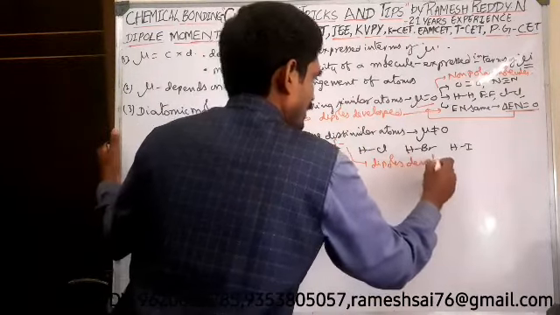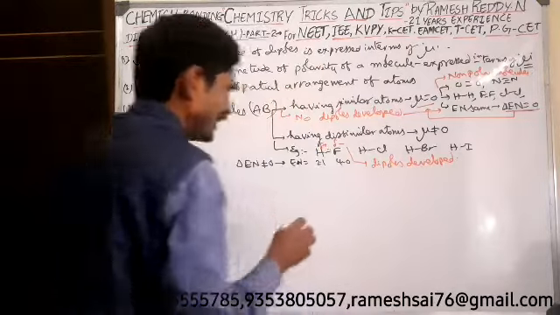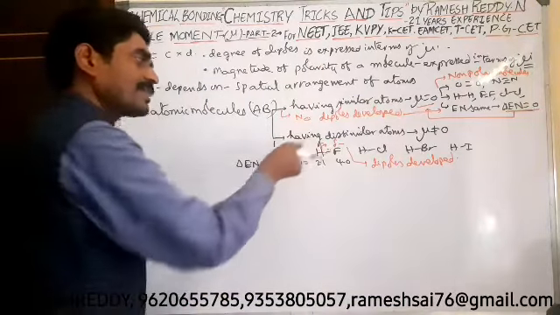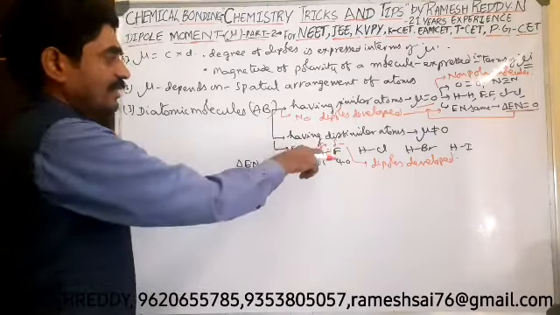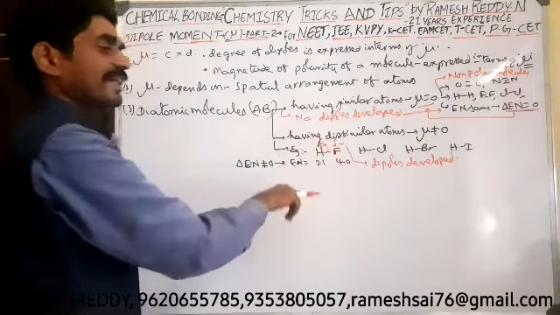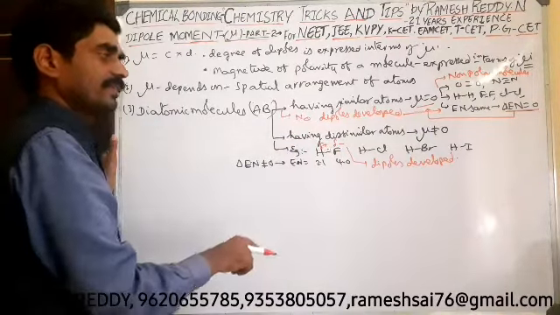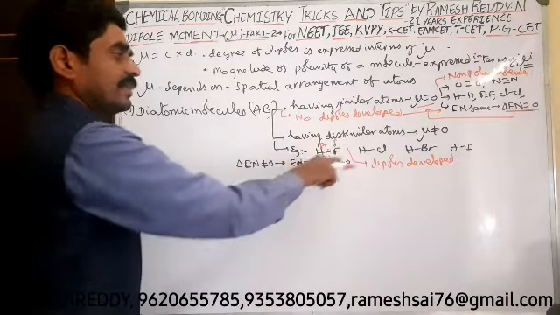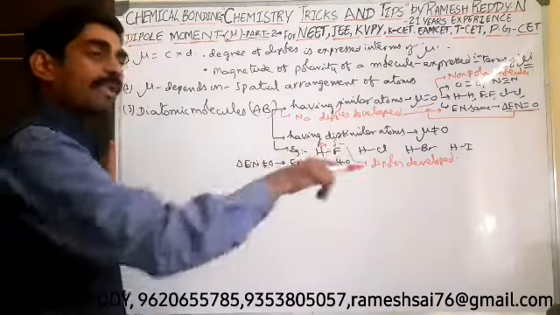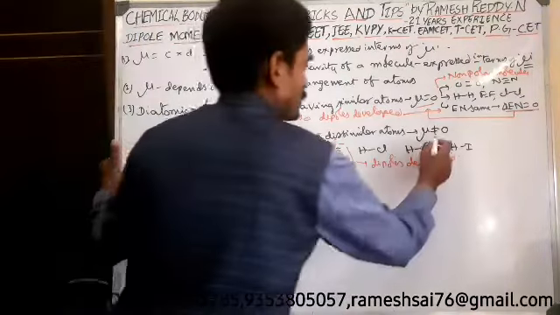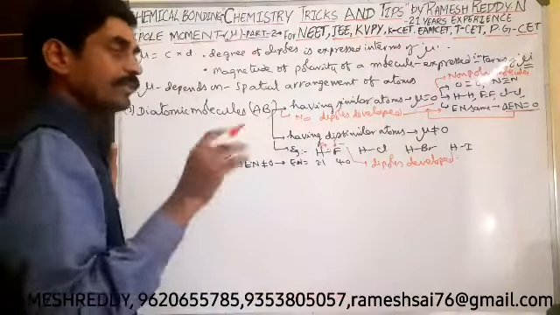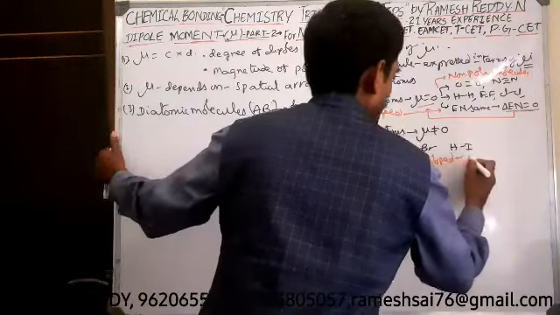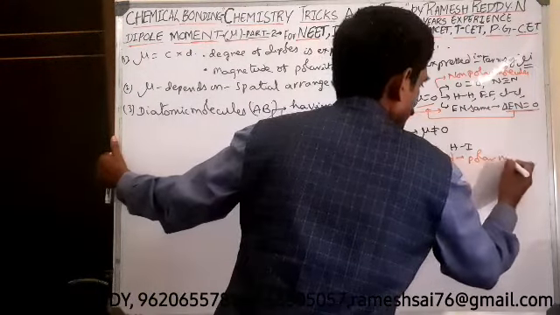If dipoles are developed, then the magnitude is there, right? Charge is there, distance is there. So these molecules have two poles, dipoles are developed. It is a polar molecule. In these molecules, the dipole moment will have some value. These molecules you have to call polar molecules.